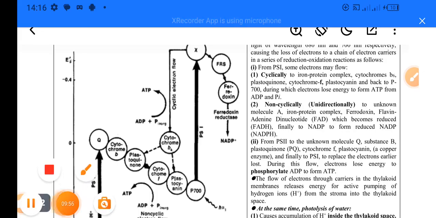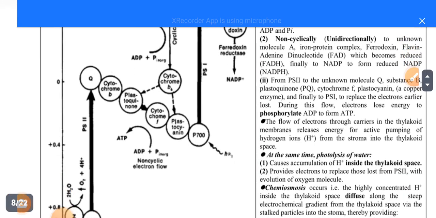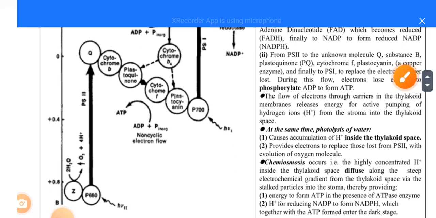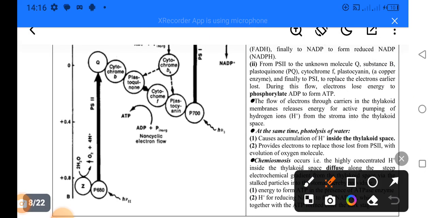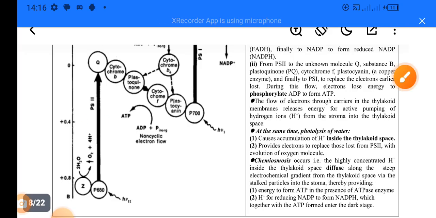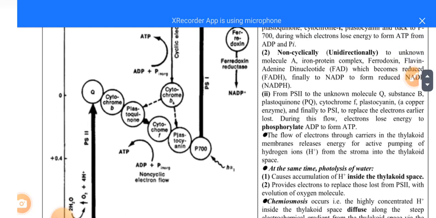Then from there we can look at photosystem 2, to the unknown molecule 1, this one. Then from there to the unknown molecule 2.